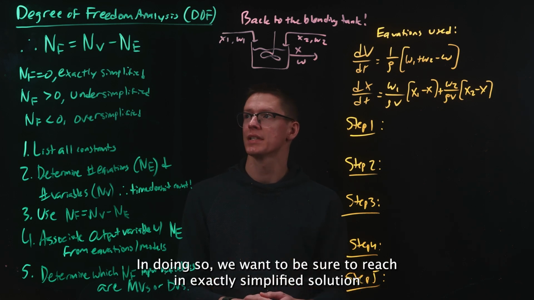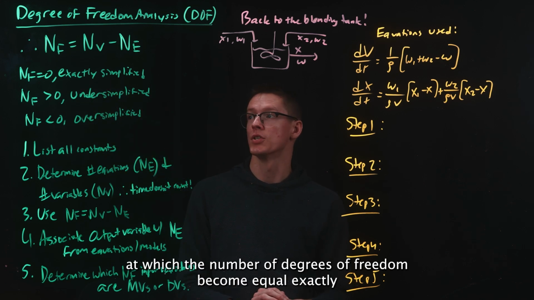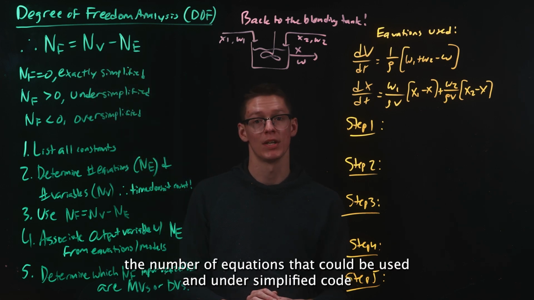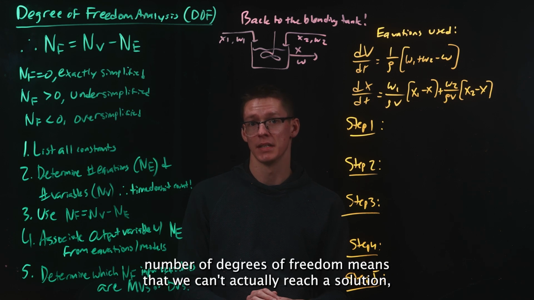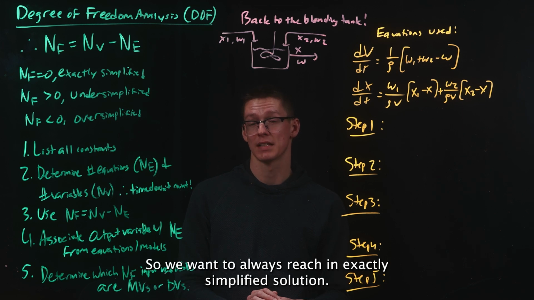In doing so, we want to be sure to reach an exactly specified solution at which the number of degrees of freedom becomes equal to the number of variables minus the number of equations that could be used. An underspecified number of degrees of freedom means that we can't actually reach a solution, but an overspecified one means that things might interfere and conflict. So we want to always reach an exactly specified solution.